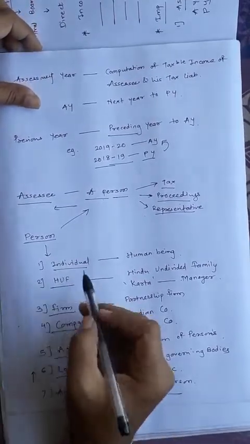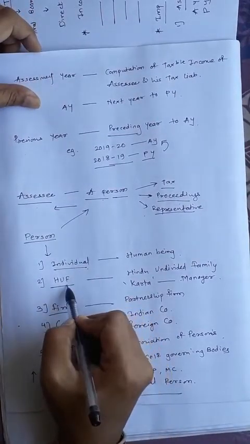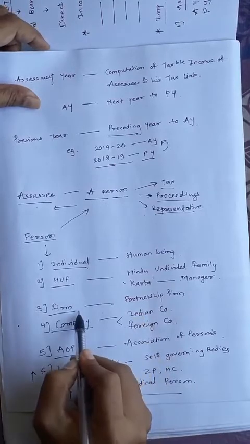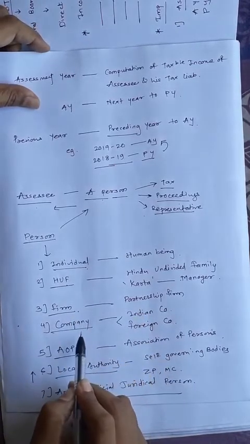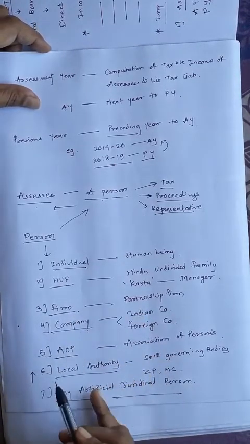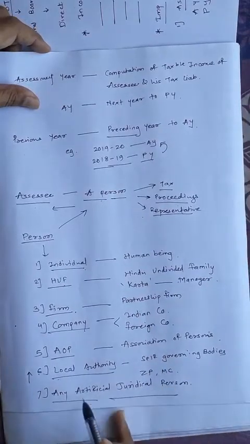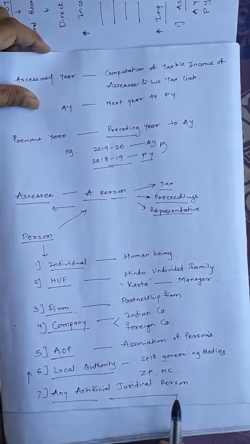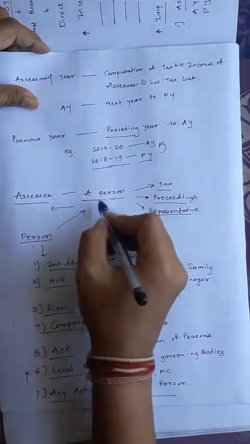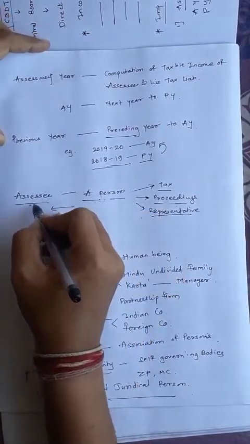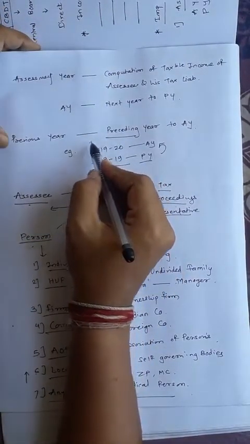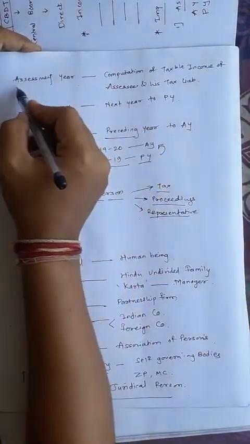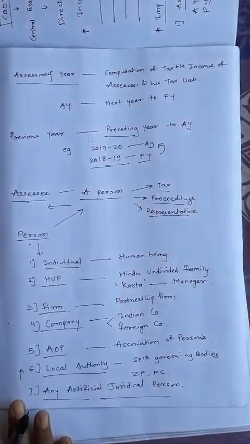So a person can be individual, a person can be Hindu undivided family, a person can be partnership firm, any Indian or foreign company, association of person, local authority or artificial juridical person. So a person can become assessee if he is having income in the previous year. His income is going to be taxed in the assessment year.